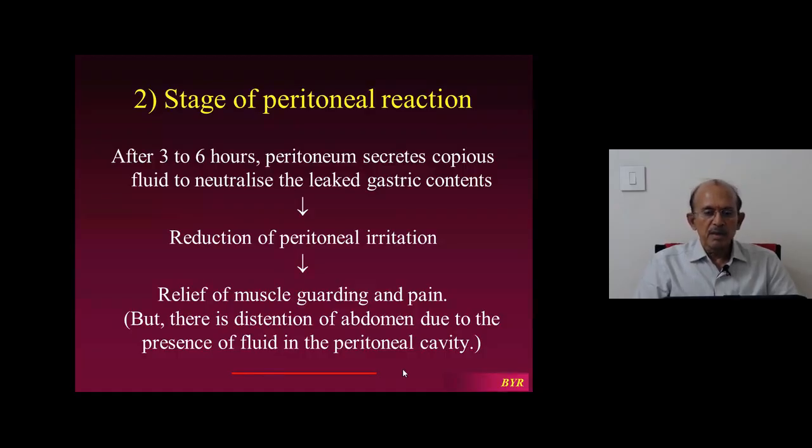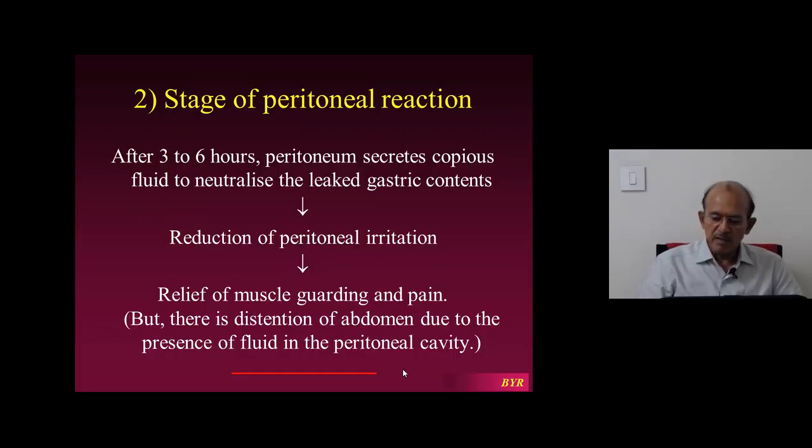Pulse rate counting means don't count for 5 seconds and multiply by 12 and get the result. Don't do like that. You count the pulse rate for 1 whole minute and record it. And every 1 hour later, you record the pulse rate and see the changes. If there is increasing pulse rate, it means the pathological sequence is still worsening in the patient.